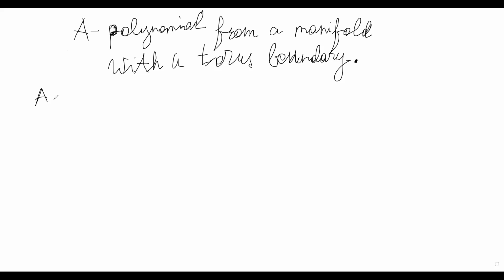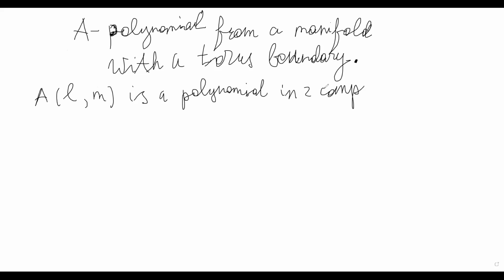A of L, M is a polynomial in two complex variables. So from what setting do we start?